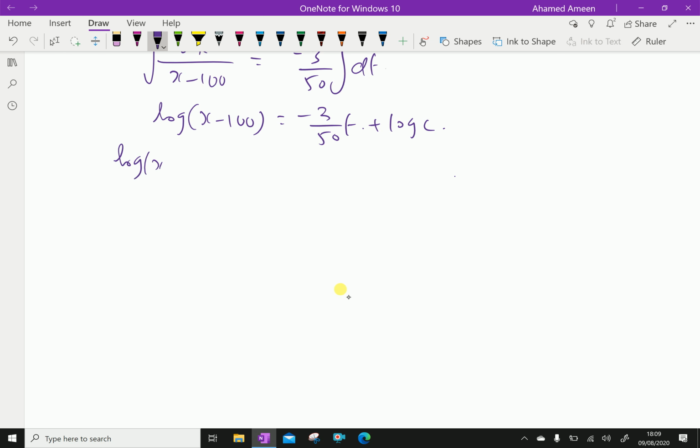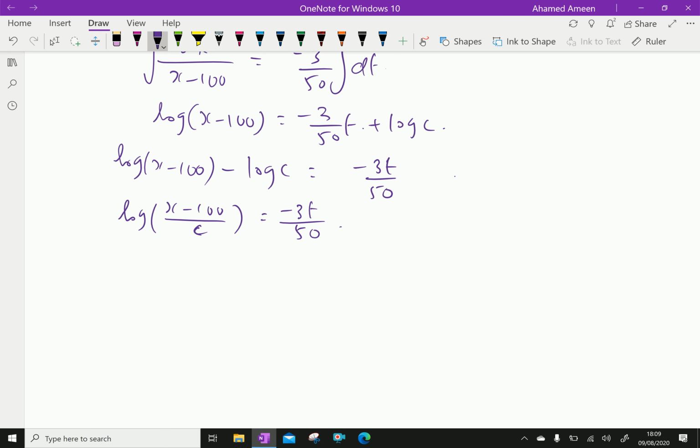Log of x minus 100 minus log c equals minus 3t over 50. So log of x minus 100 over c equals minus 3t over 50.